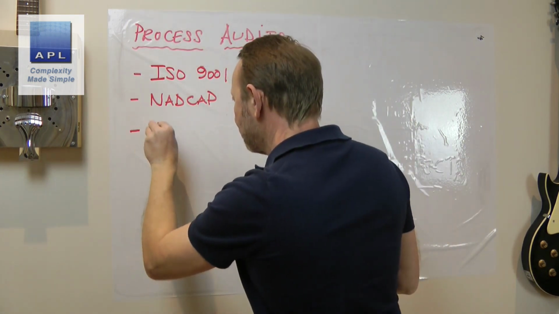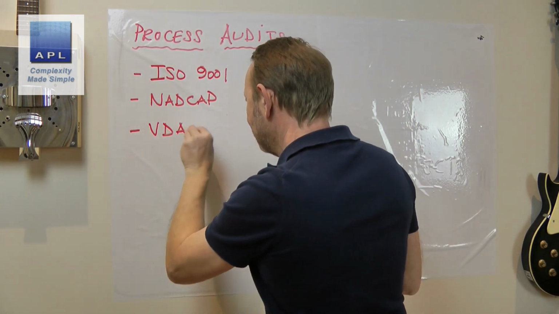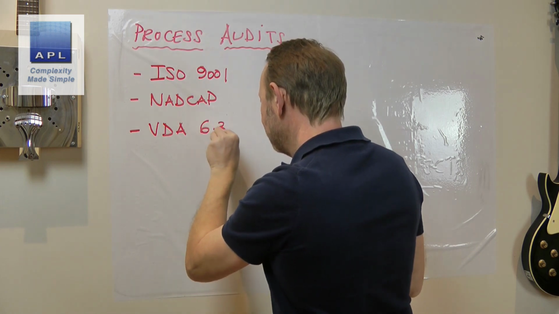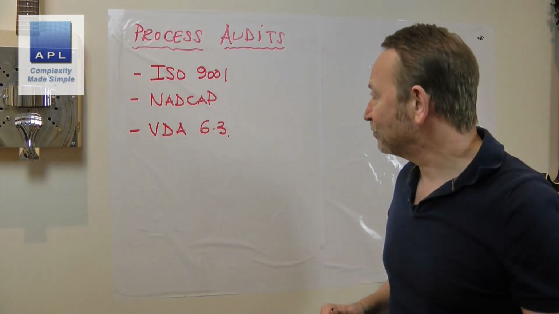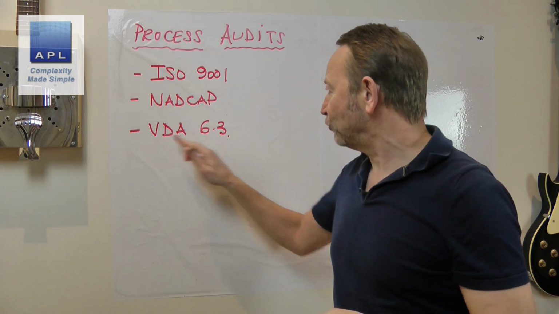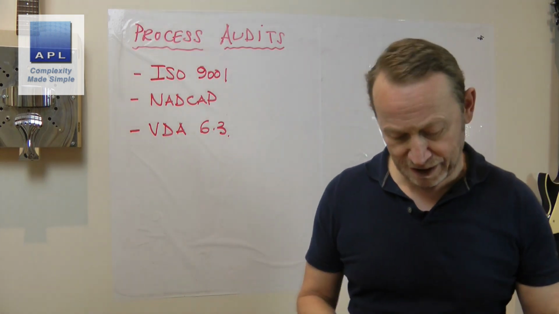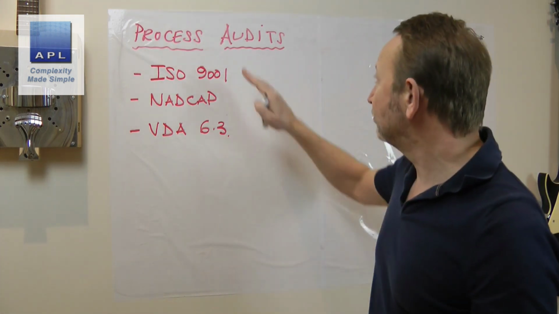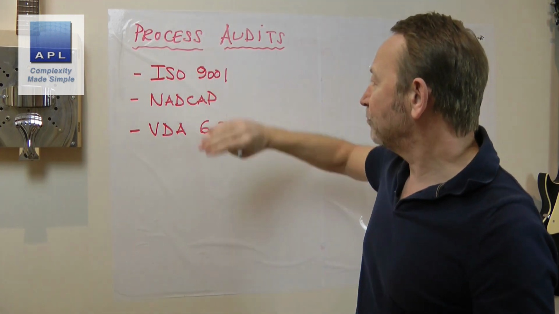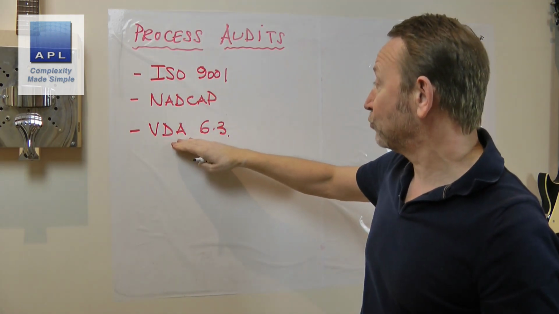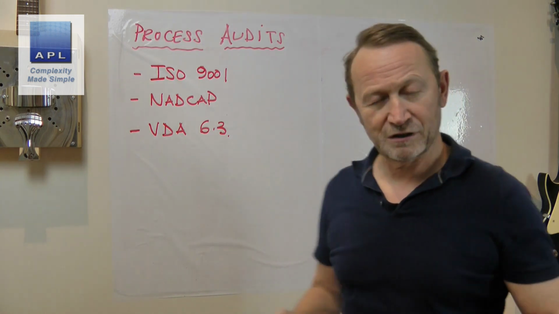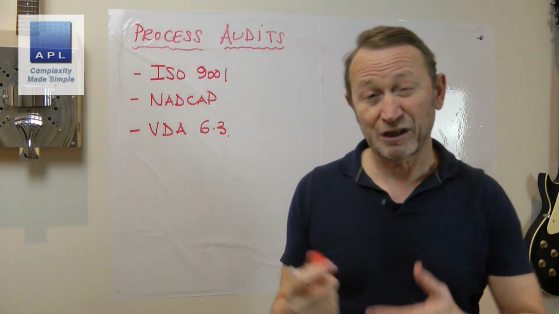The other one, which was the one I was asked about, was VDA 6.3. It's German. I'm not even going to attempt the German. I was asked if I'd train someone to be a process auditor to do this, and I said to the person, well, it's not what I do.